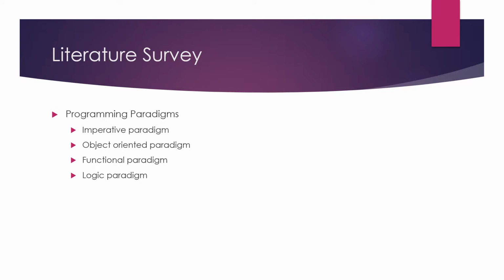A programming paradigm must be ideal to assist various concepts in a well-factored way, which helps the programmer to choose the right concepts when they need them without any inhibition by others. Some of the most widely used programming paradigms are the imperative paradigm, object-oriented paradigm, functional paradigm, and logic paradigm.